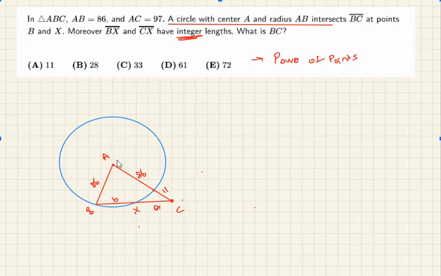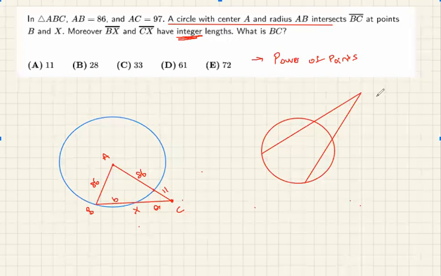The power of a point has different cases. One of them is when you have a circle. Let's try drawing. When you have a circle and take a point outside, let's say this is a line you can draw from that outside point, and you draw another line from the same point, there is a relation.